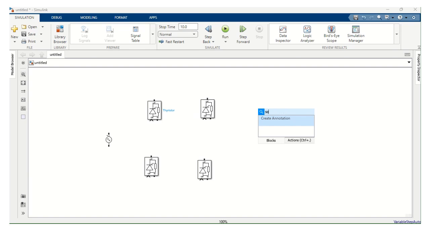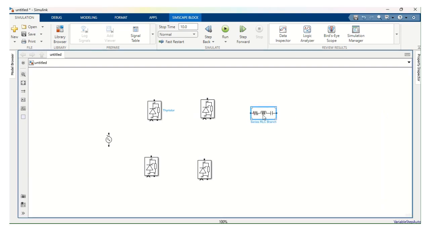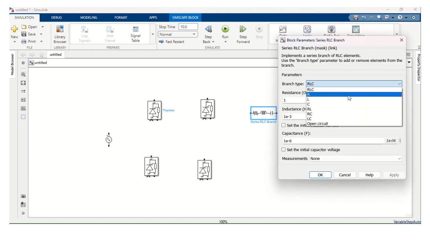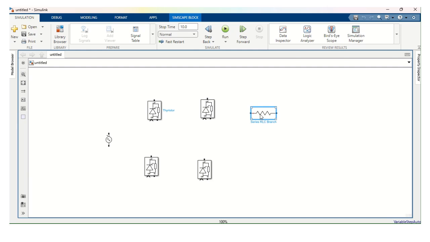Next we need series RLC branch. Double click and make this as resistive branch. Apply OK. Control R to rotate. And now let's connect all the components.